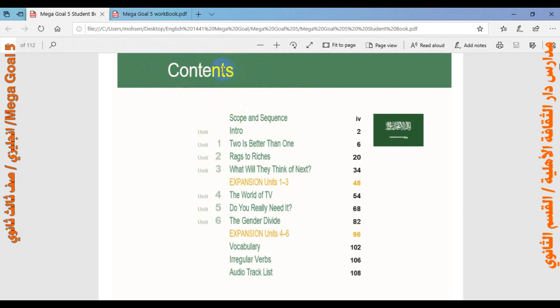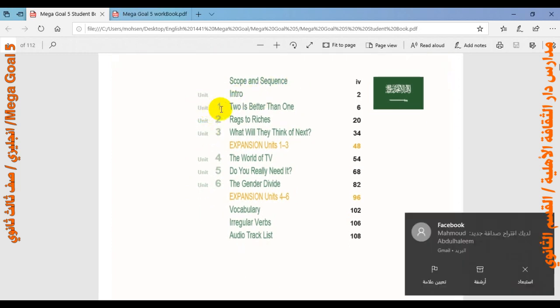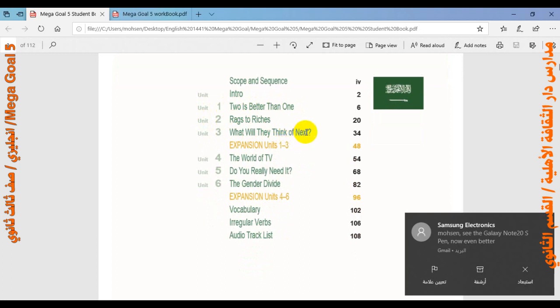This is the contents. If you look at your book you are going to see the contents, the scope and sequence, the introduction, and then unit 1, Two is better than one, Rags to riches, What will they think of next.